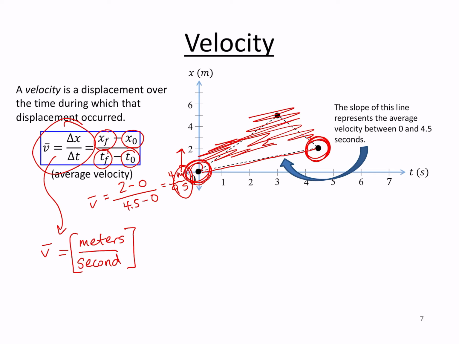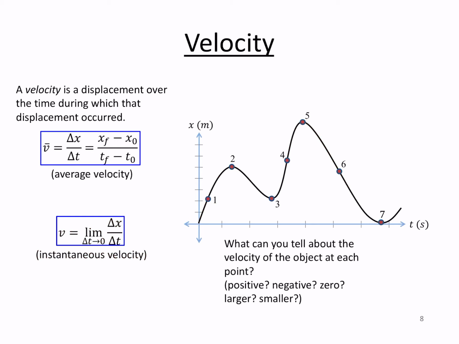So, the other thing is that the picture could be considerably more complicated than this, right? If we wanted to look a little more closely, if we just looked at, say, time 1 and time 7 in this curve where we're plotting position of the object versus time, then the object would be moving backwards.